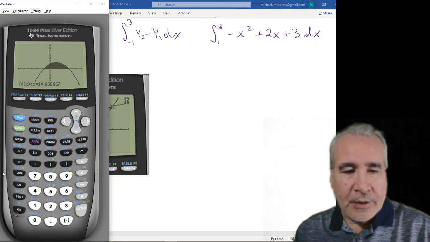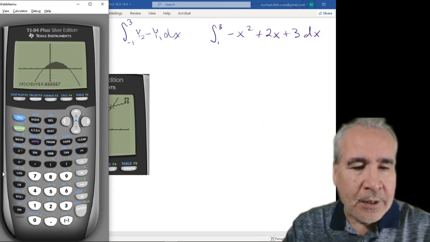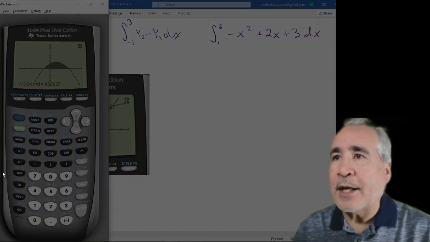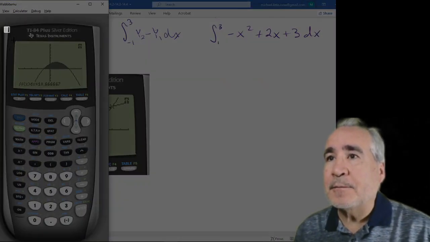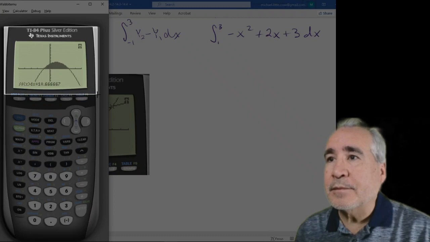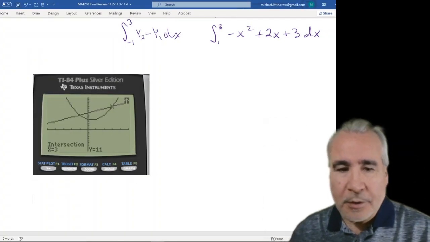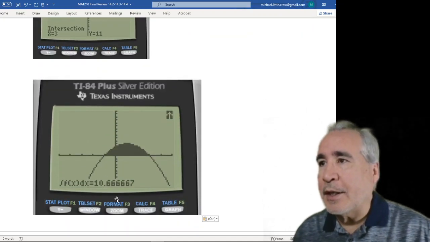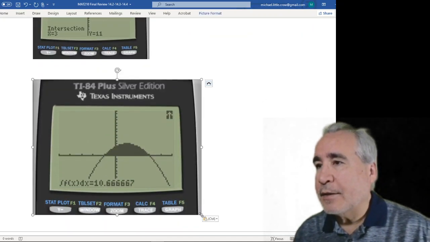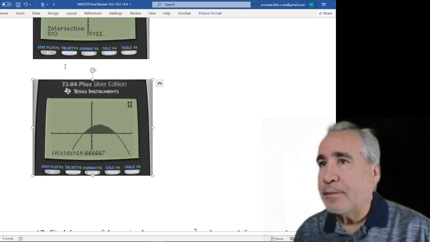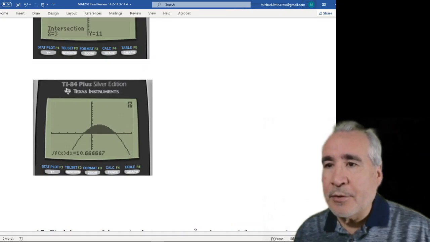I suppose I should have taken a snapshot of that as well, but let's do this while we're at it. Leave room. I'm going to put one more in between here.